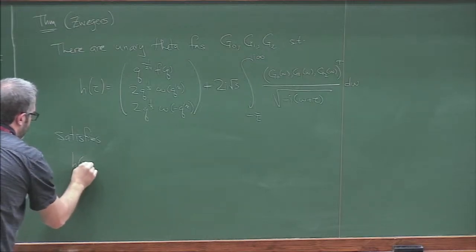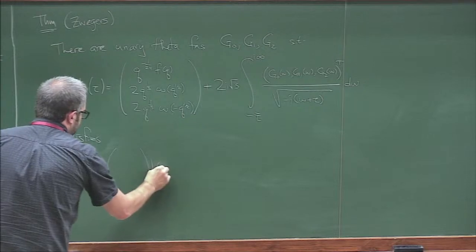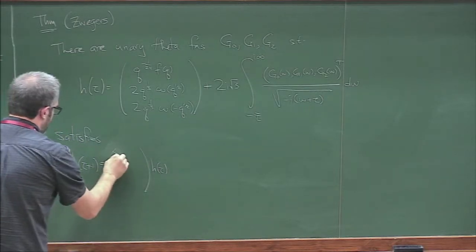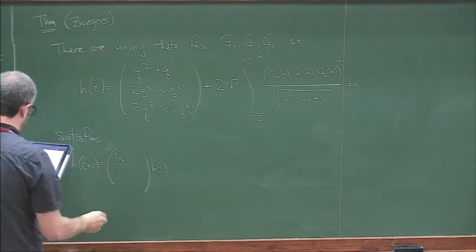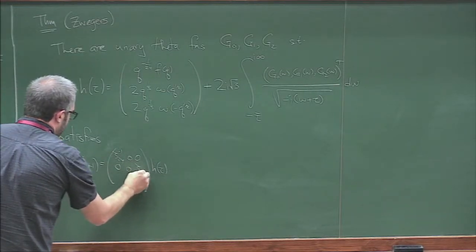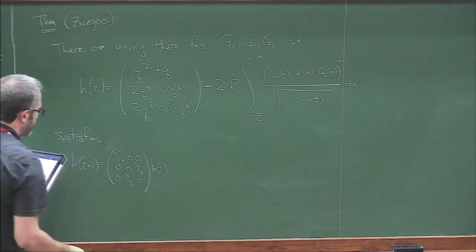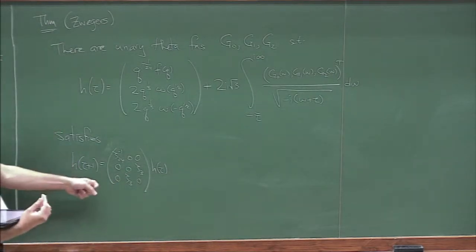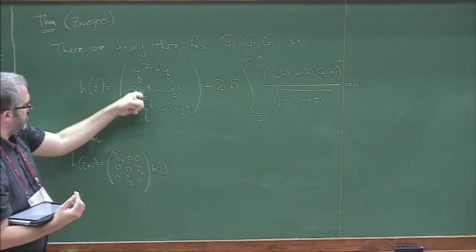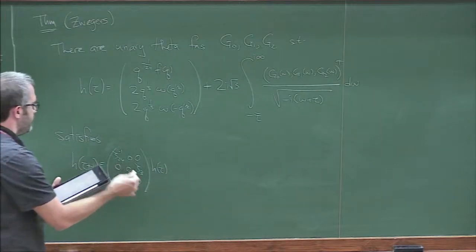h of tau plus 1 is equal to some matrix times h of tau. The matrix is simple. It's a 24th root of unity, 0, 0, 0, 0, third root of unity, 0, third root of unity, 0. This is pretty obvious from the definition. These just come from these rational powers of q.